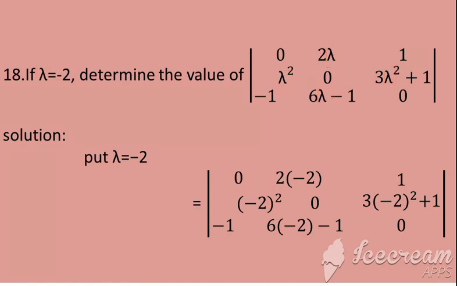Now next we have 2 into -2 will get -4, so 1, -2 square will get 4, 3 into -2 square will get 4, 3 4s are 12 plus 1 is 13, so -1, 6 into -2 will get -12 minus 1 is -13, into 0.